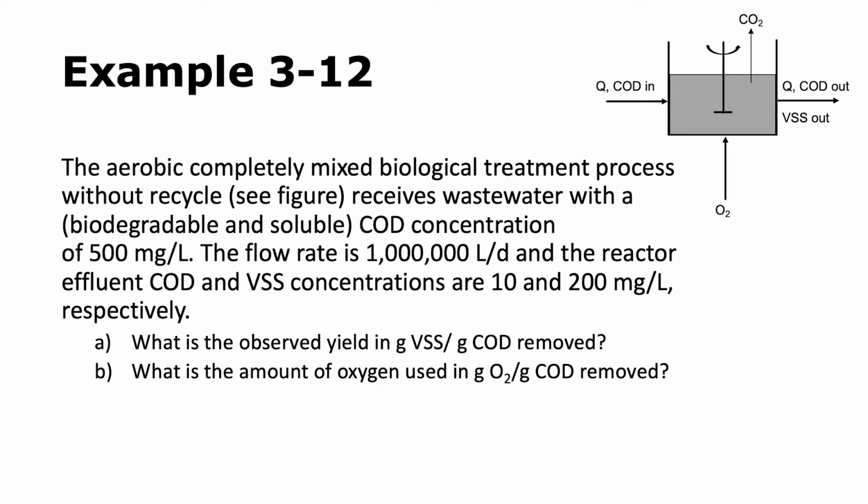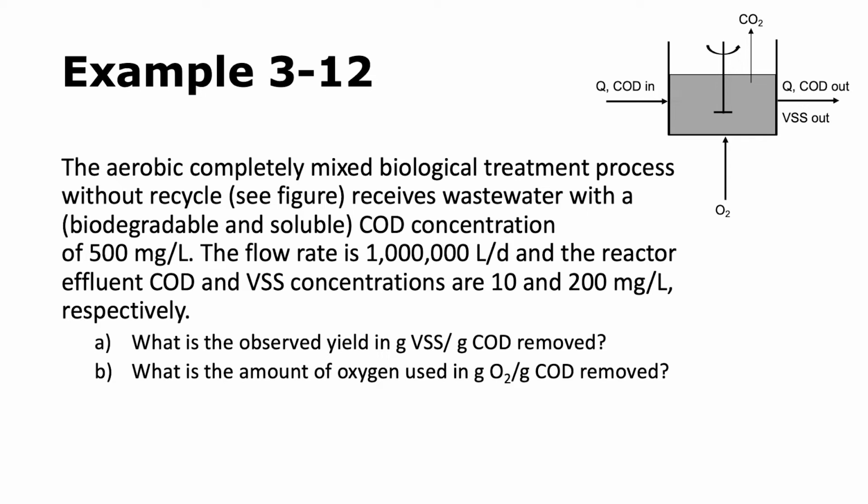The COD that's consumed by the microbes, in other words the organic carbon compounds, a portion of it is converted to CO2, and a portion of it is leaving as VSS, as microbial biomass. So we've got this flow of organic molecules, some going to CO2 and some going to microbial biomass in terms of VSS.